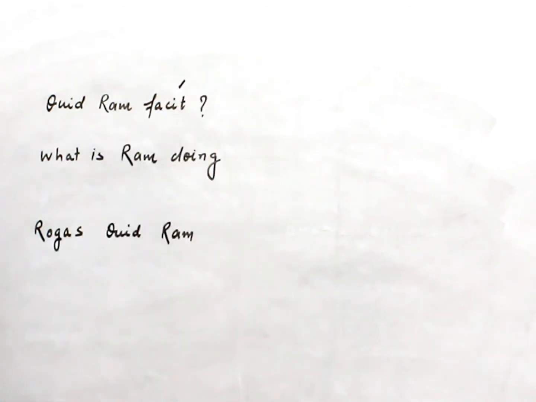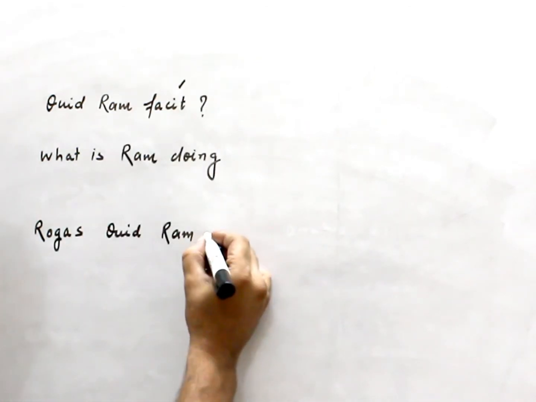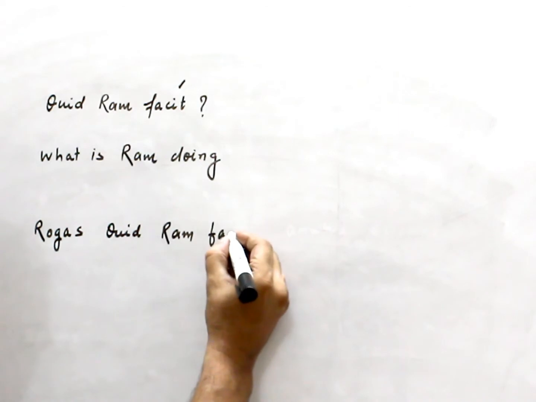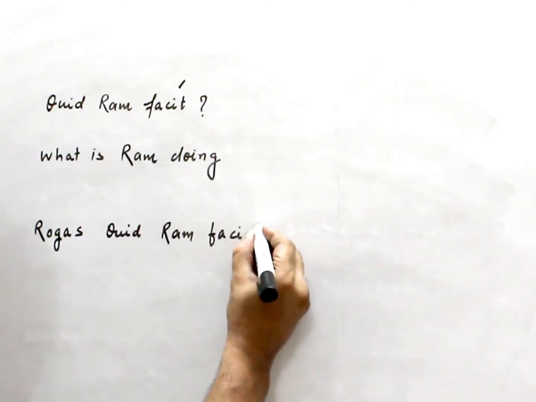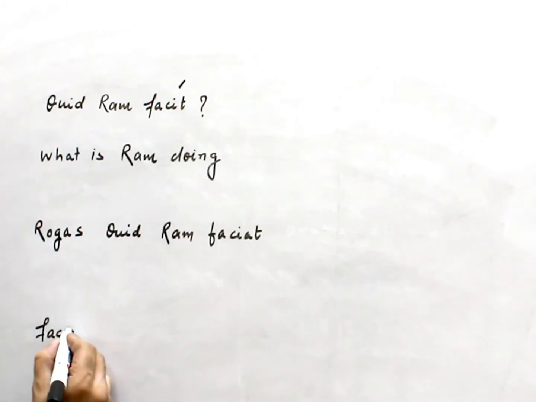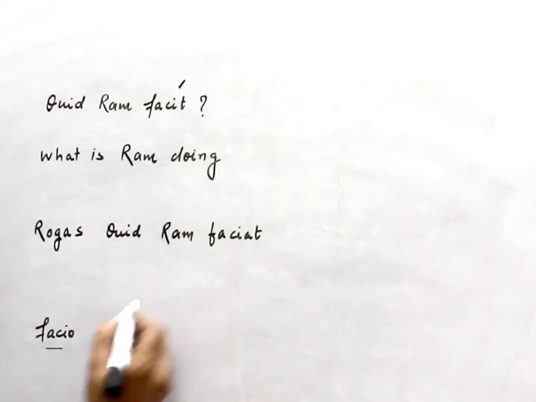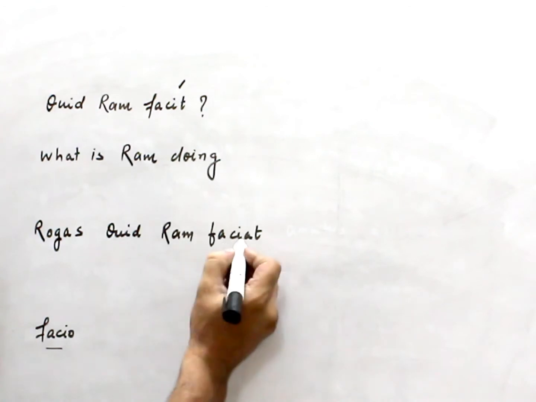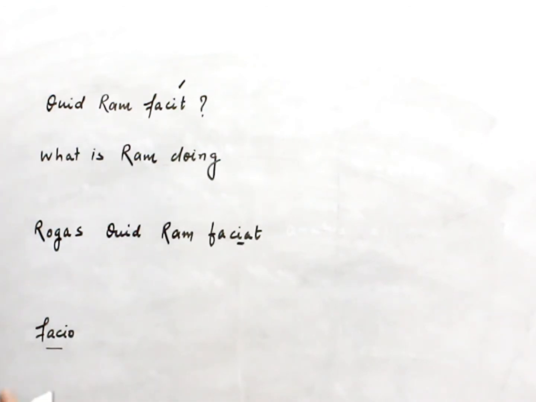This is simple, but here I use subjunctive faciat, because our verb is facio. So this becomes now the subjunctive case.